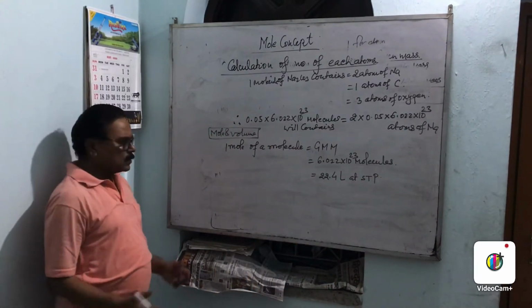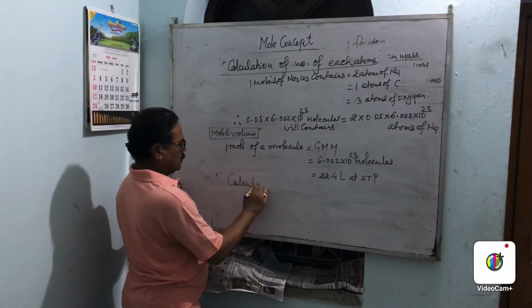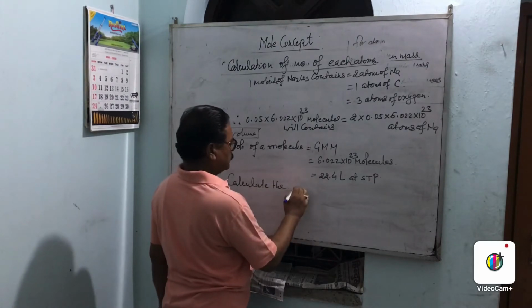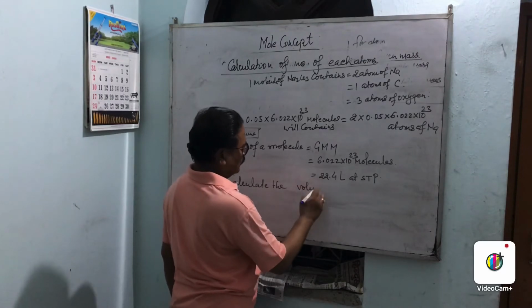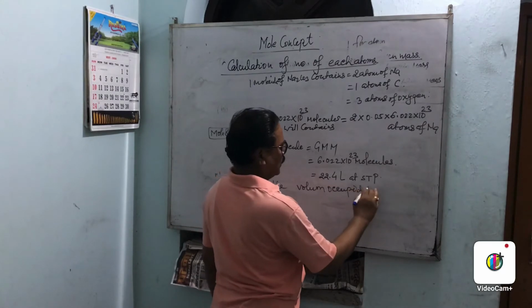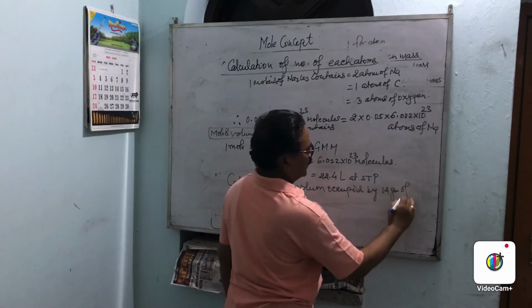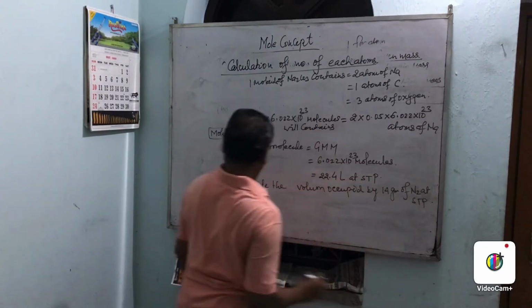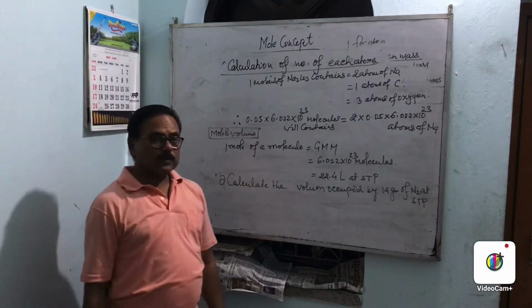Right? So the question is asked: calculate the volume occupied by 14 gram of dinitrogen at STP. You think over it. So what will we do?